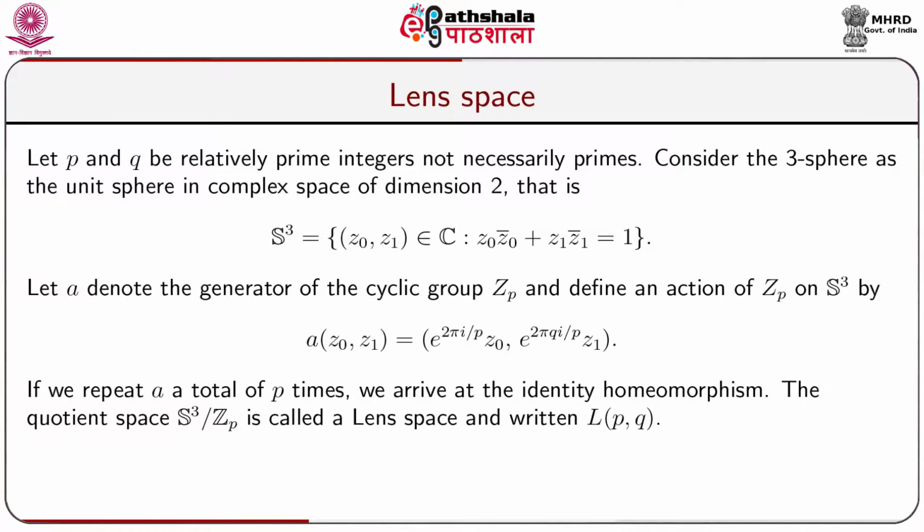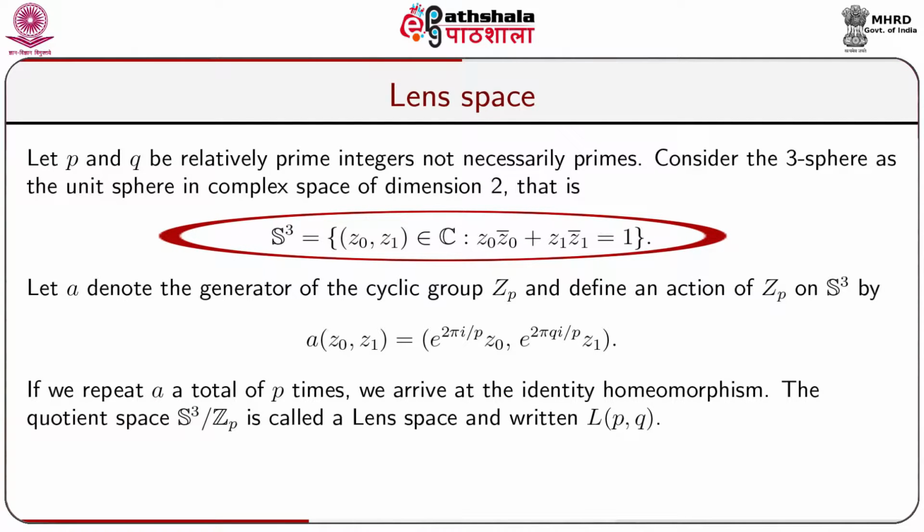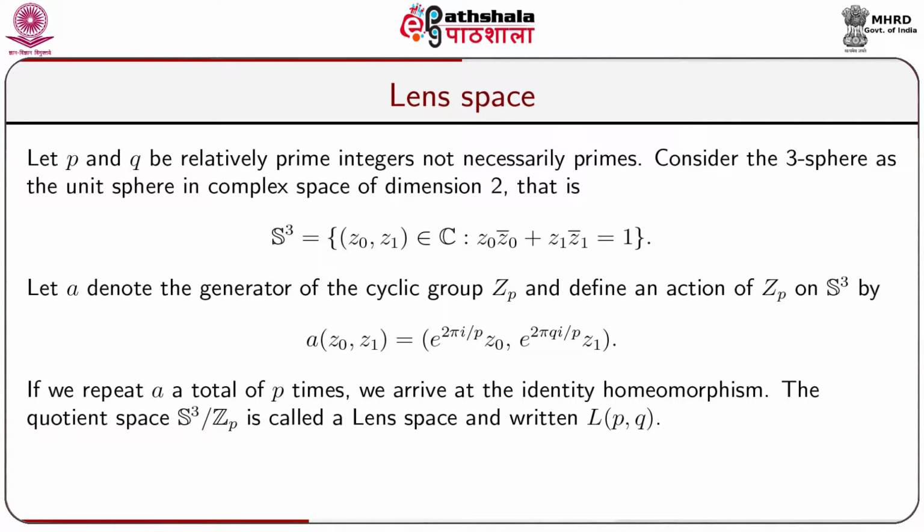Now let us consider the three sphere S3 in the complex space of dimension 2, that is, S3 is equal to all (z0, z1) belongs to C Cartesian product C such that z0 into z0 conjugate plus z1 into z1 conjugate is equal to 1.